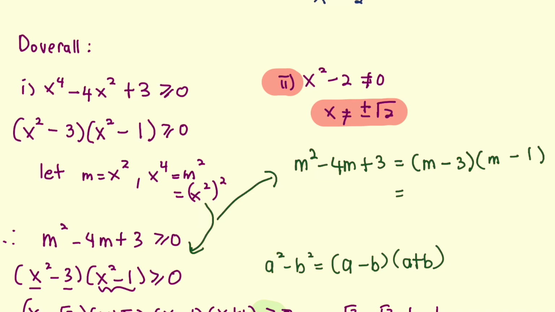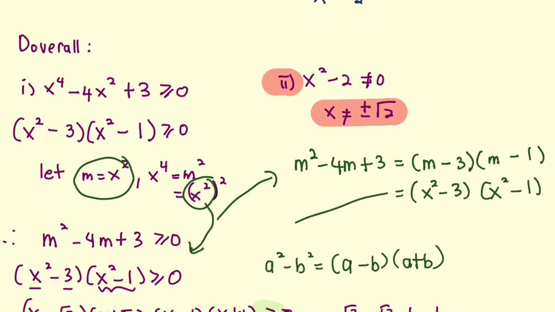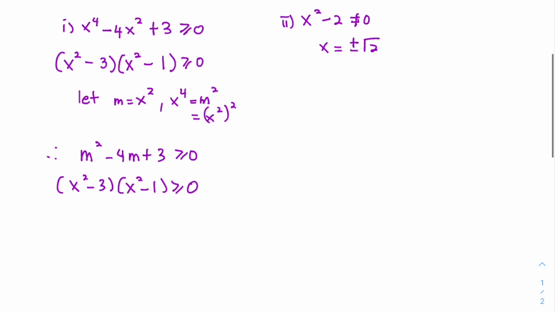Then you substitute back your m with x squared, so it will be x squared minus 3, and then x squared minus 1, which should give you the same thing back. Okay. Then, these two factors, can you still factorize them?